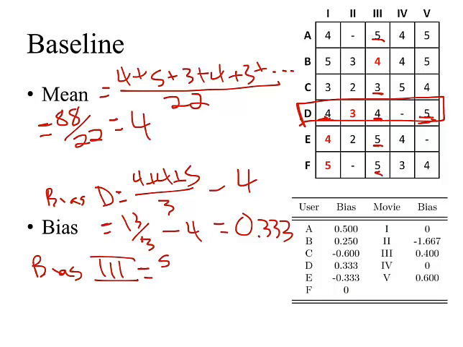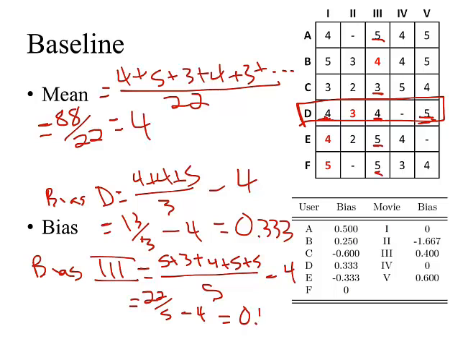So if we take 5 plus 3 plus 4 plus 5 plus 5, divide that by 5, and then subtract out the mean of 4, we're going to get 22 over 5 minus 4, which is again positive, and we get 0.4. So movie 3 tends to be rated higher than average as well, which makes sense because a lot of its ratings are 5s, and the only 3 it has occurs one time.